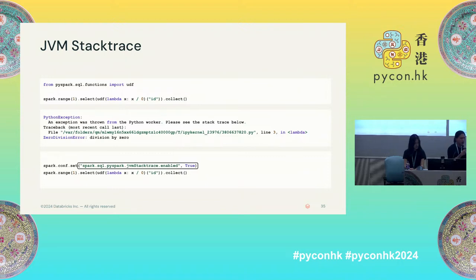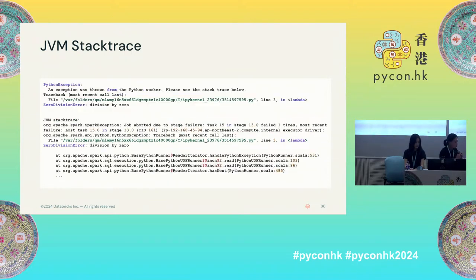This is disabled by default. You set this to true, and then it will show the JVM-related exception too. So in production, if you're using your UDF, and my UDF is perfectly fine, but there should be an issue in Spark, then I encourage you to enable those configurations, come to GitHub, open a PR, and ping me or Allison, and we'll review it and hopefully we can make a fix.